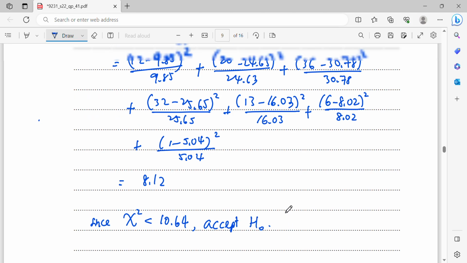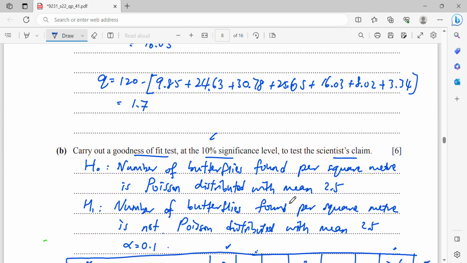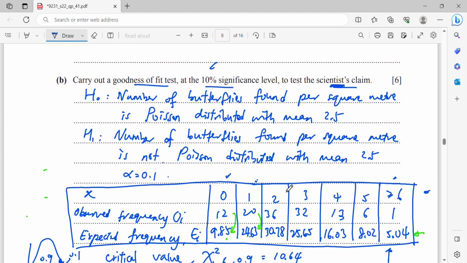So when we accept H naught, okay, go back to the question. You need to test the scientist's claim. So the scientist's claim, right? Because we accept the H naught, we support the scientist's claim. All right.